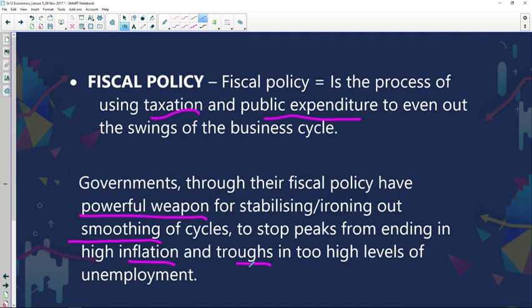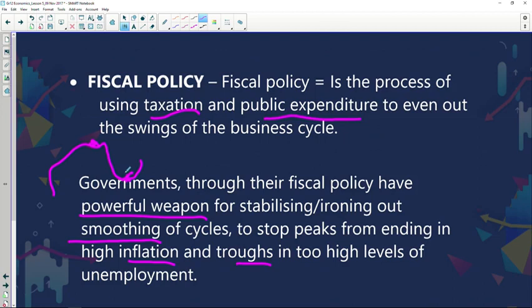In the previous lesson, we discussed the two concepts in great detail. We said that a peak is the highest point in the upswing, and a trough is the lowest point in the downward swing of the business cycle.